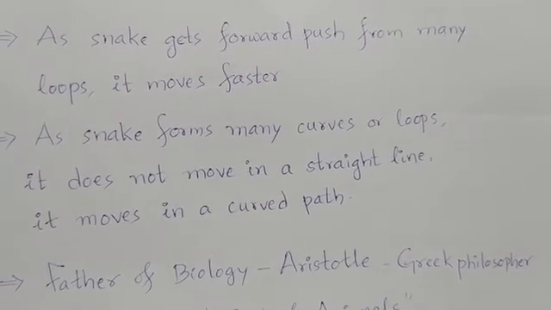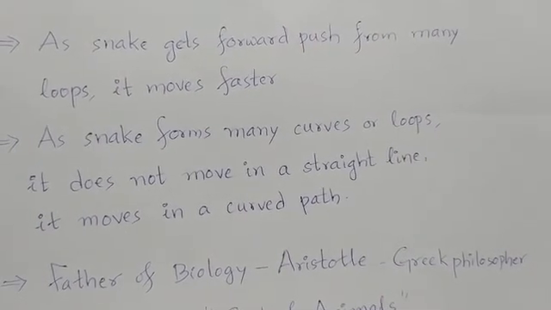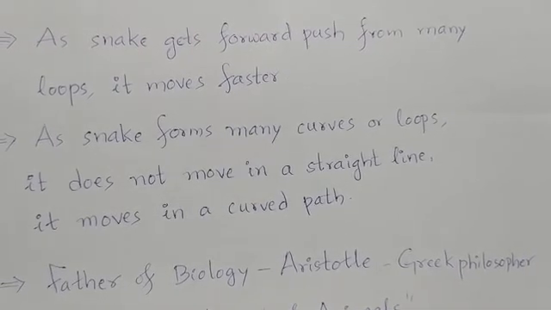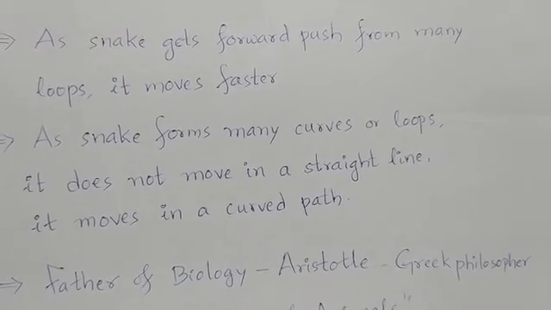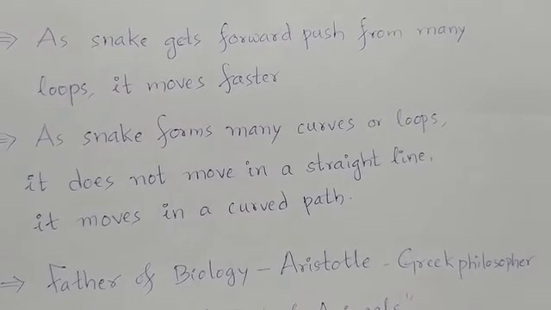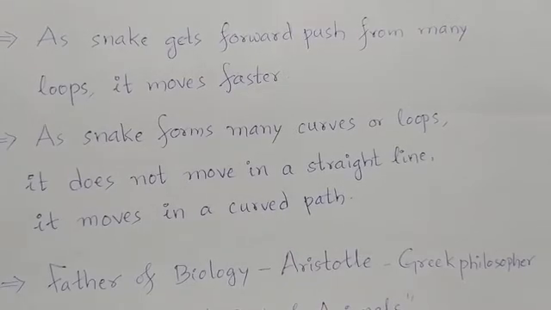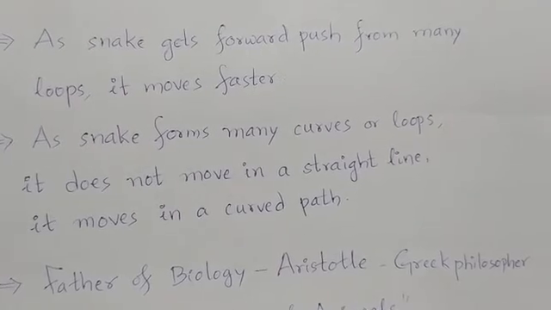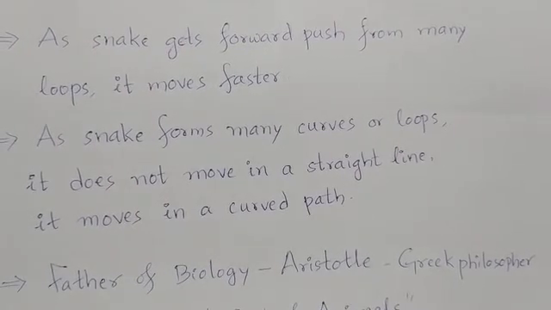See, making many curves or loops makes the snake move faster, since every loop gives a forward push and many loops together give the forward push to make the snake move faster. And because the snake is making loops or curves, it cannot move in a straight line. It can move in a curved path.